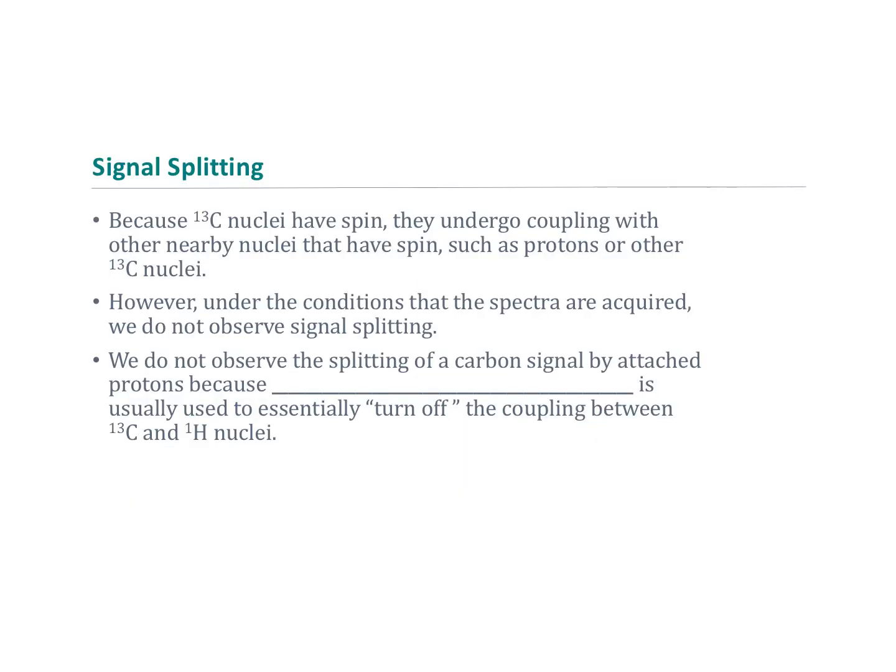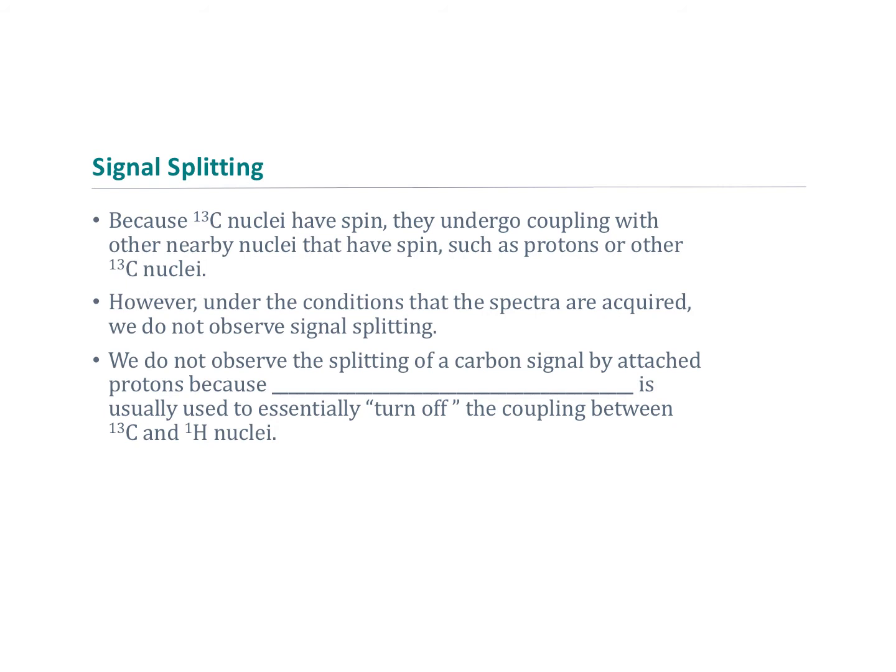Because carbon-13 nuclei have spin, they can undergo coupling with other nearby nuclei that have a spin, such as protons or other carbon-13 nuclei. However, under the conditions that the spectra are acquired, we do not observe signal splitting. In most of the carbon-13 NMR spectra you're going to encounter, every carbon signal will appear as a singlet.